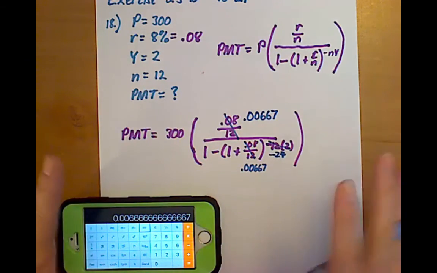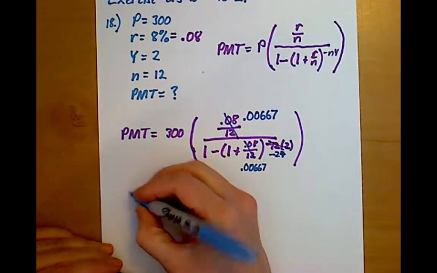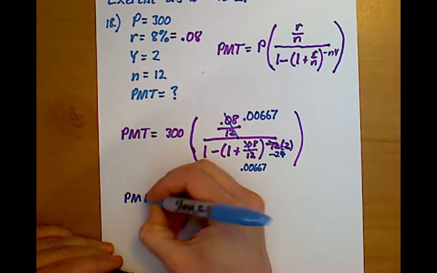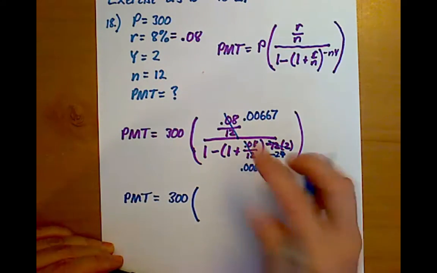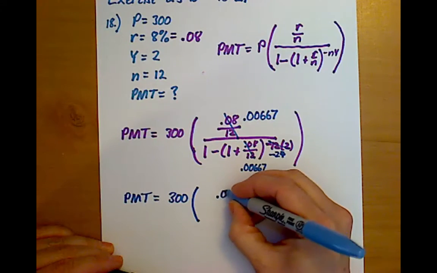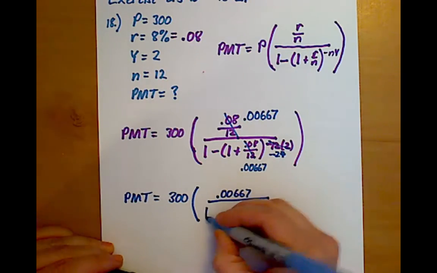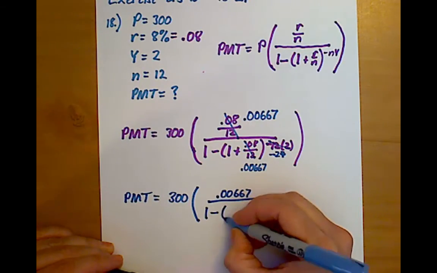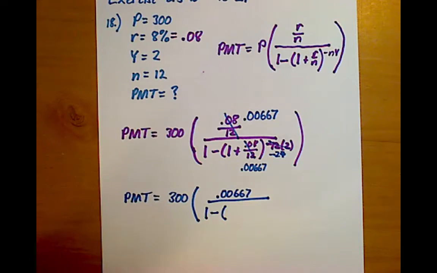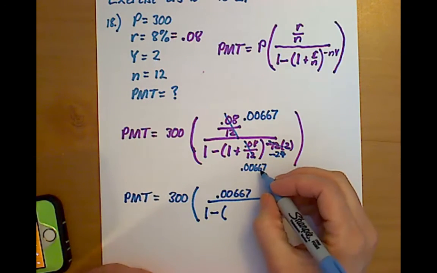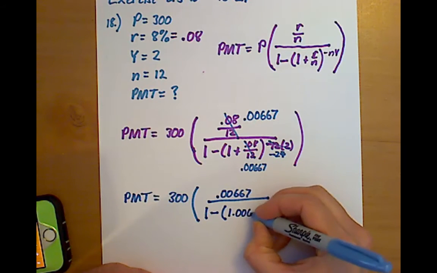Now it's starting to get a little messy, so we're going to do a little simplifying and rewrite it. 300 times 0.00667, all of that over 1 minus 1 plus 0.00667, which is just 1.00667.